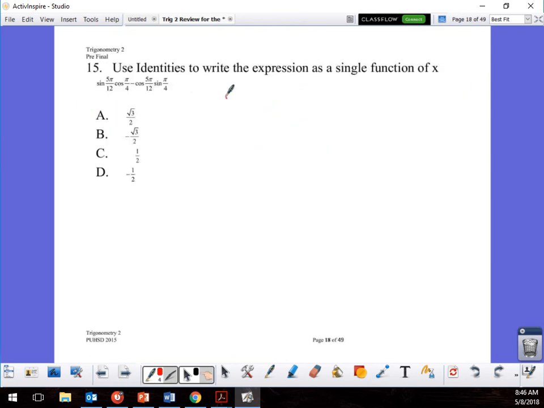So it's the sine of s, which is 5 pi over 12, minus t, which is pi over 4.